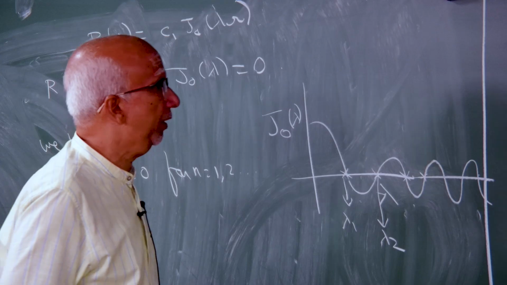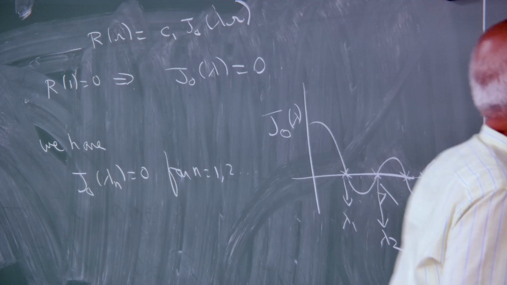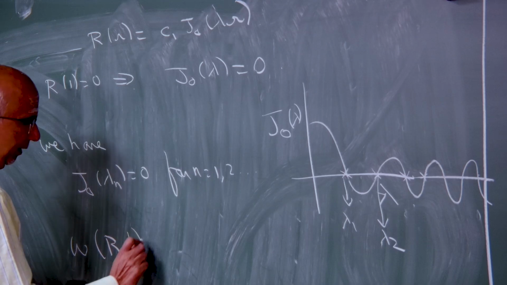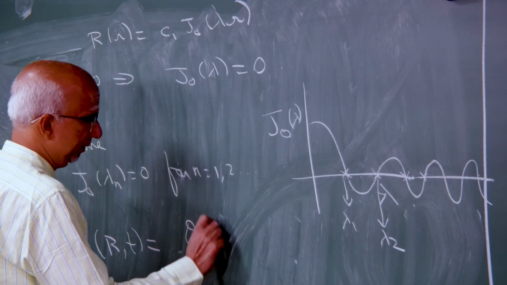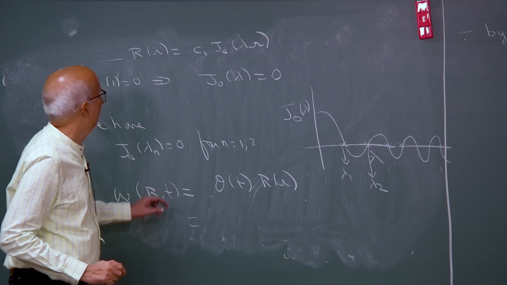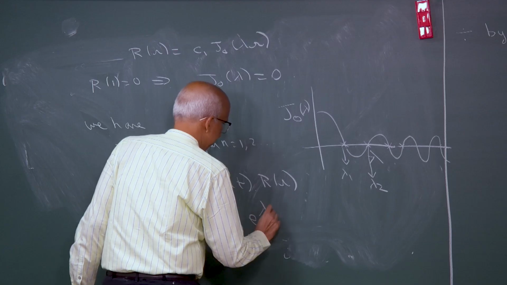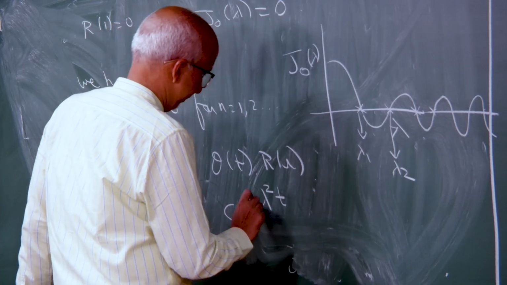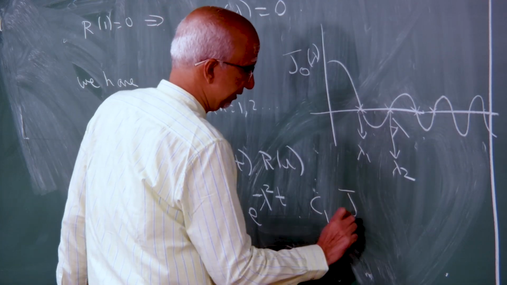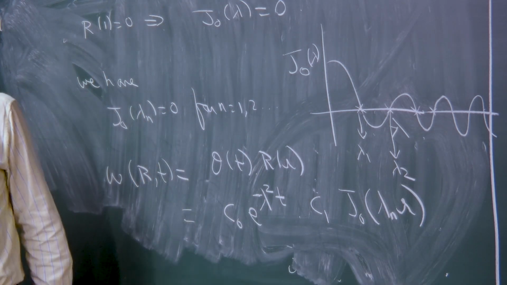So, now what am I left with? Now I found the lambdas, and so I have W of r comma t, as we said, θ of t multiplied by R of r, and θ of t is nothing but C0 e to the power minus λ² t, times C1 J0 of λn r.